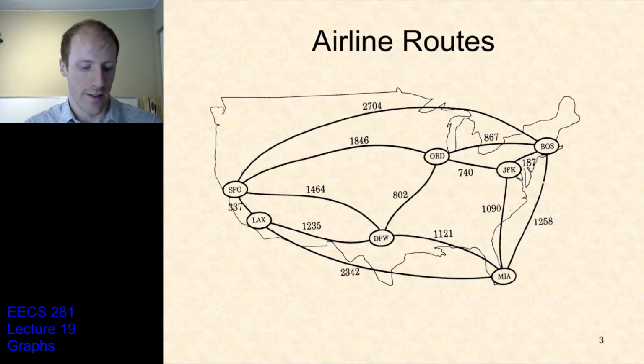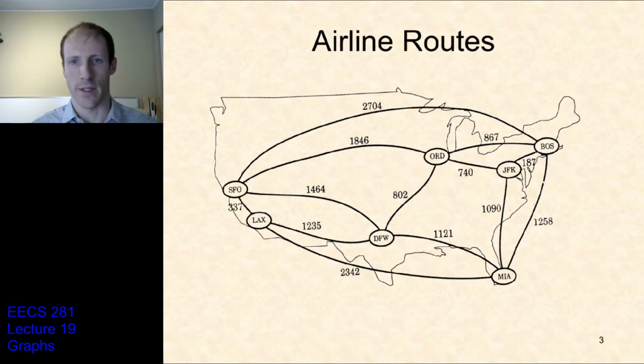Similarly, another example of where you might see a graph is with airline routes, where you have flights connecting different cities. Those are all similar instances of graphs related to how you move around the physical world. But there are also other examples, like social media.